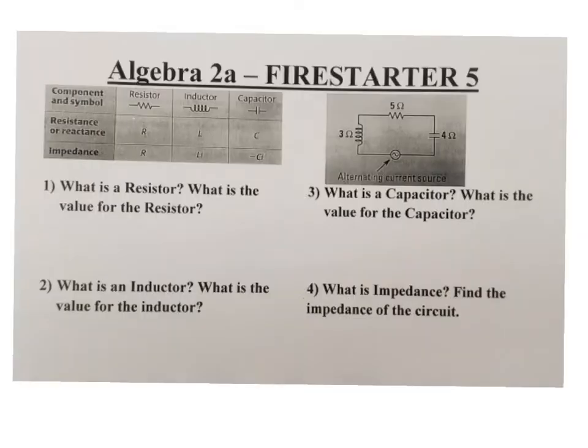So Firestarter 5 is something when we talked about electricity. Basically, the easiest way to think of that is resistance is what you see in the figure.